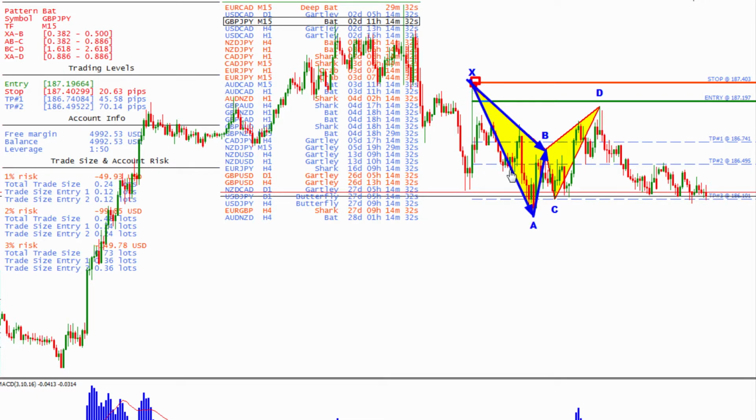So the market moved down, came up 38 to 50% of that prior swing, anywhere in here, okay? And then the market made a 38 to 88% zone down. And then here's your completion point. And one more time, up, 886. That's your bat pattern. That's a derivative of the Gartley.